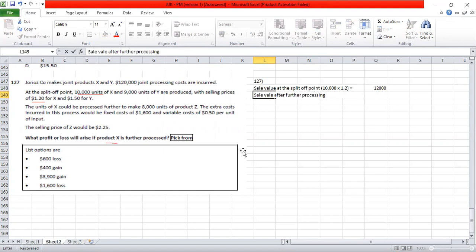Now, how does the processing take place? So what actually happened? These 10,000 units will be made into 8,000 units. 10,000 units will be converted into 8,000 units of Z, and Z can be sold at 2.25.